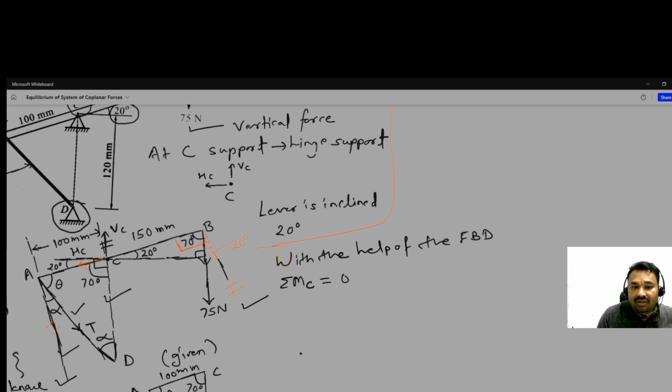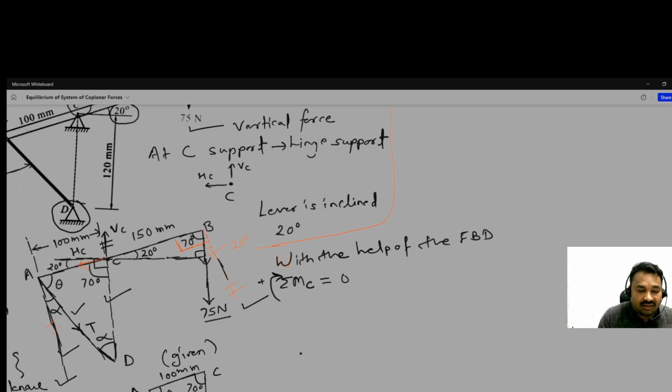So you can see here, and clockwise we are taking positive. So the 75 Newton, which is inclined by 20 degree.